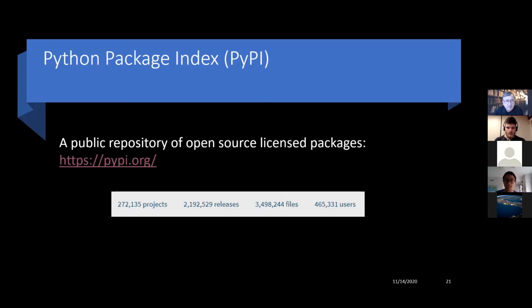Packages could be collections of modules. So here's a public repository of open source, sort of third-party licensed packages. This is just giving you an indication of how many projects there are, how many files, how many different users. So there's an awful lot available by going to this PyPI site.